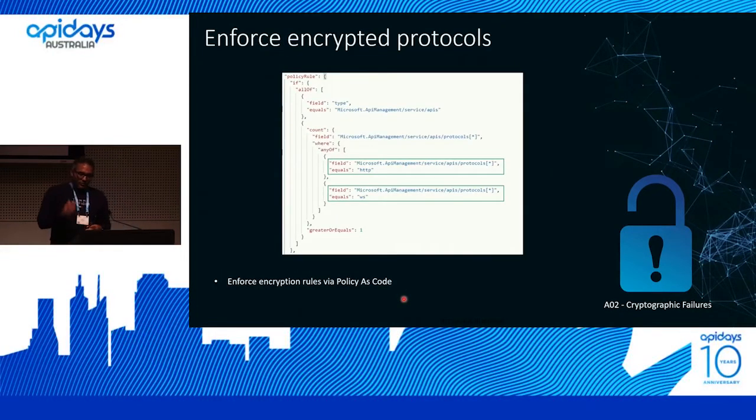Also still in cryptographic failures, I'm really a fan of policy as code and self-service. So make sure your API gateway is configured to have policies, so that instead of having lengthy review processes where humans get involved, you put your policy in and lock it in.